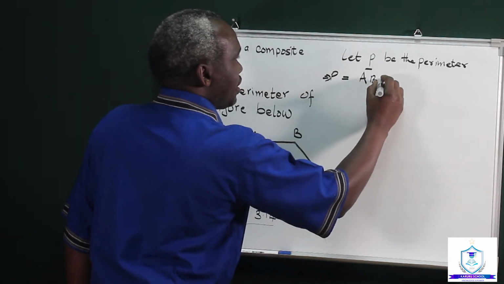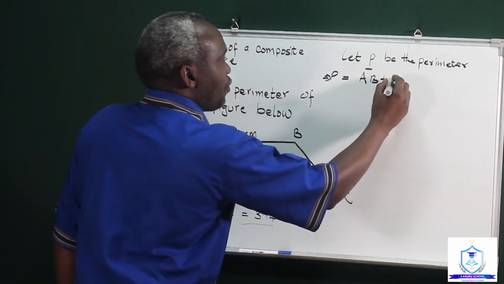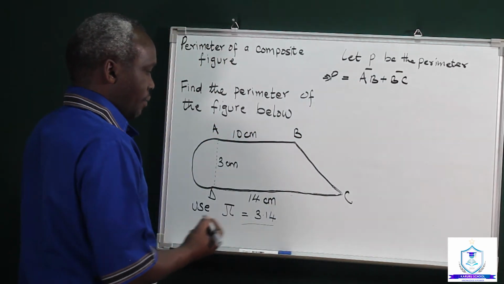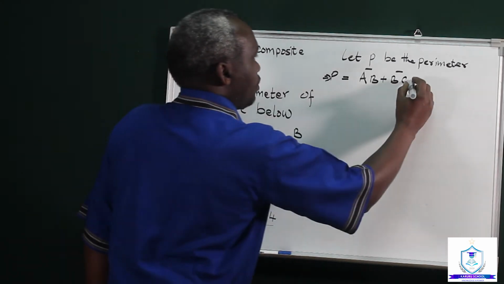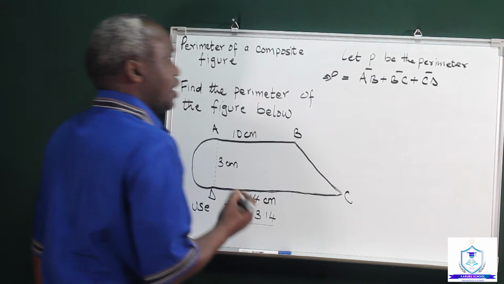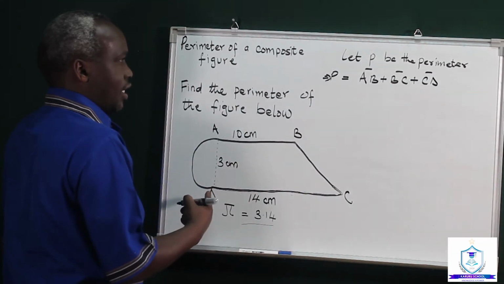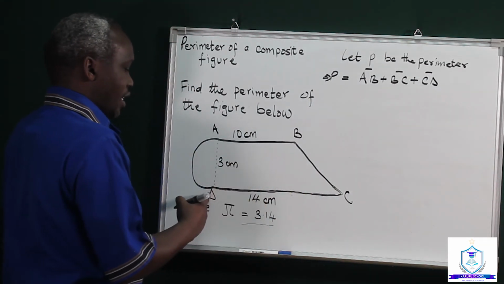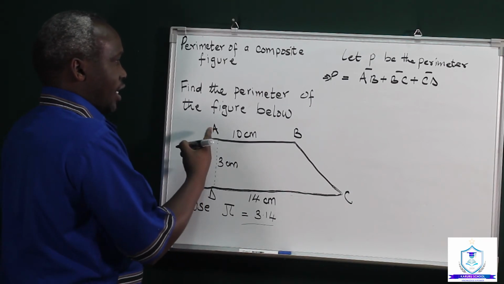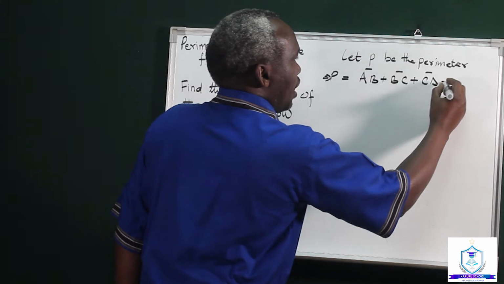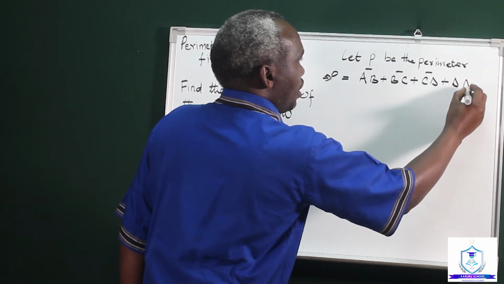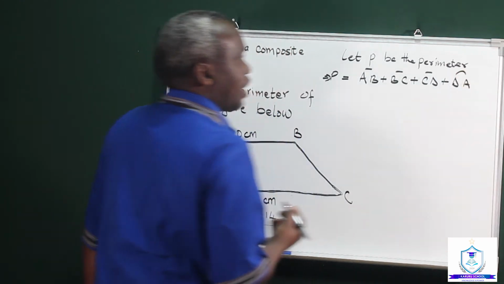Then add the distance between point B and C, which is again on a straight line, and then add the distance between point C and D, which again is along a straight line, and then finally add the distance between point D and A, which is along a curved line.